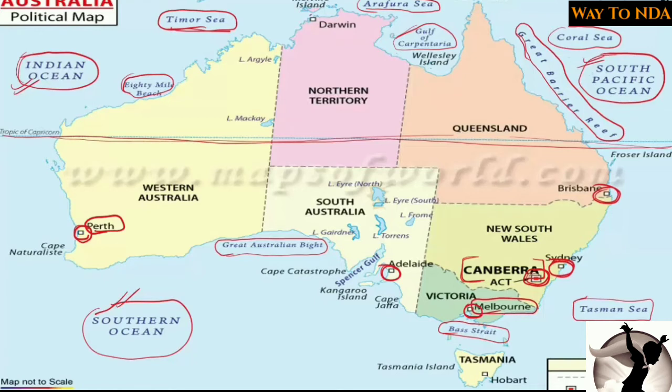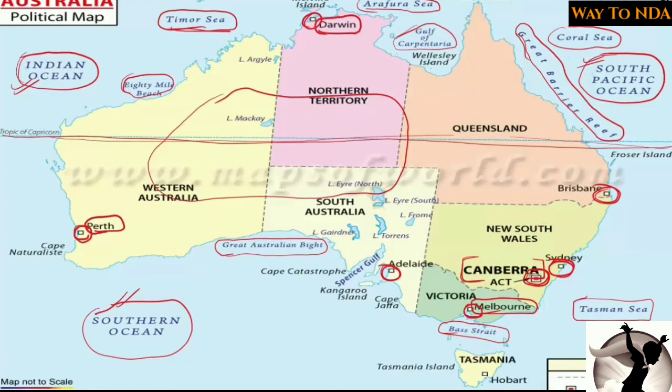And then in the northern side you will find Darwin, also an important city. So in this way, all the cities are situated on the coastline of the Australian continent. Why? Because the interior area of Australia is sandy and desert. That's why the population is mainly settled in the coastal areas only.